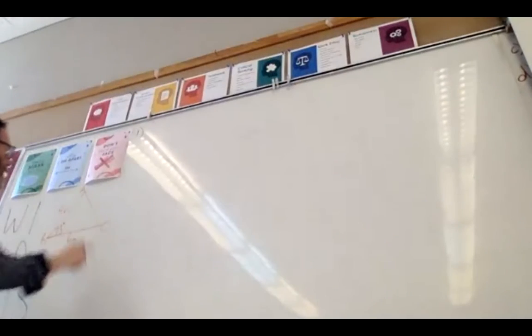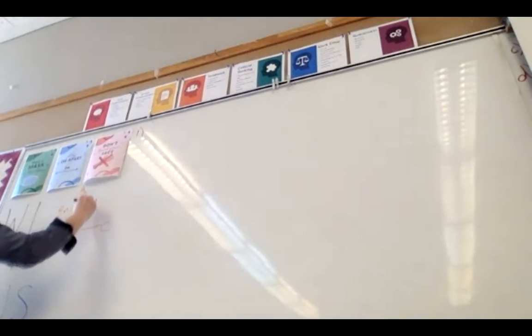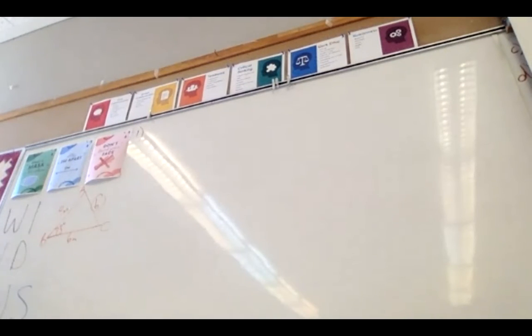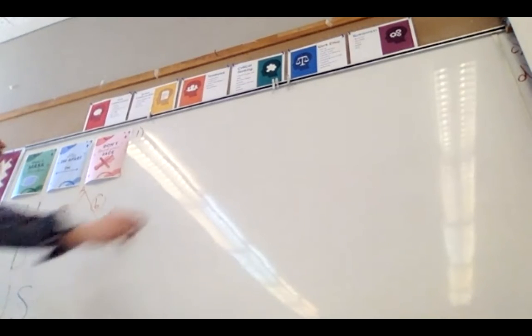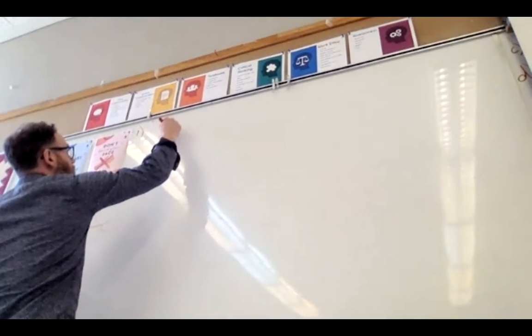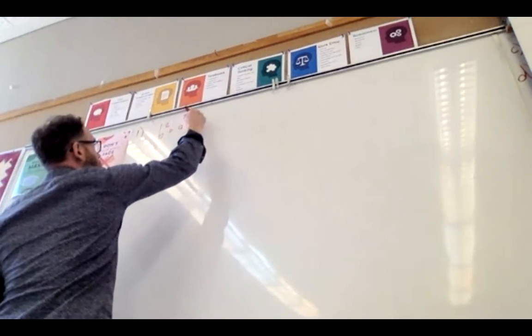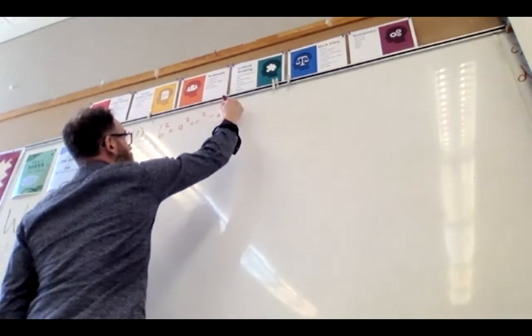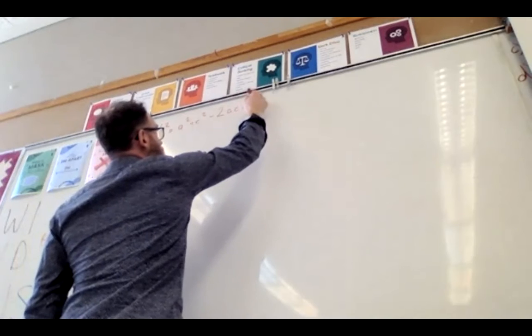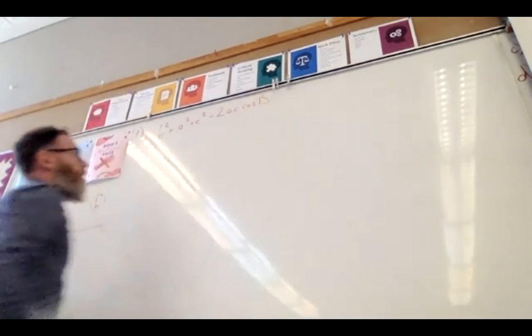It wants us to find AC, which happens to be little b. Because that's what we need to find, we're going to use the b squared equals formula. So b squared equals a squared plus c squared minus 2ac cos of b.